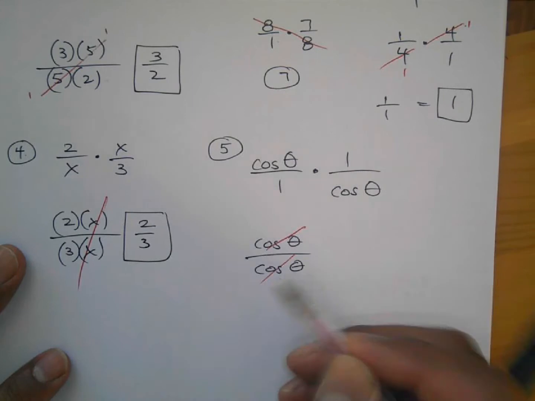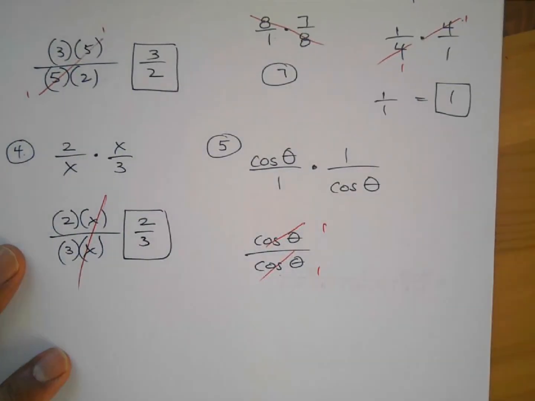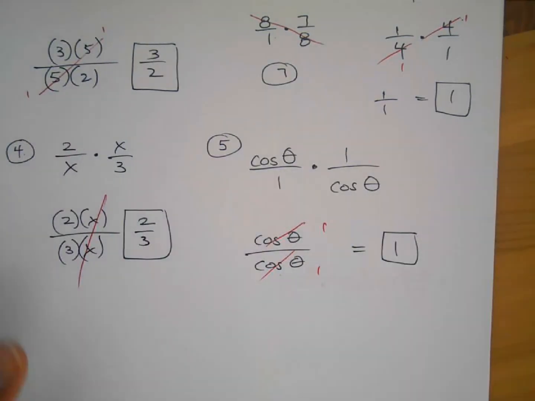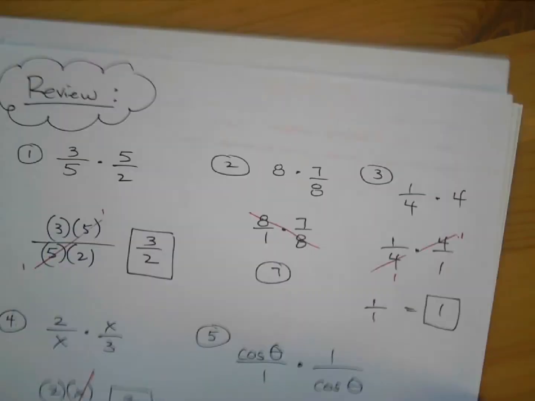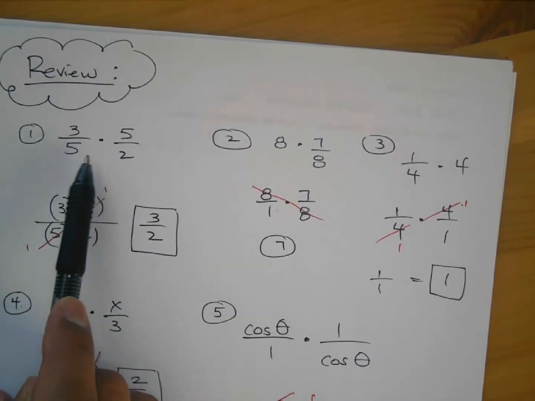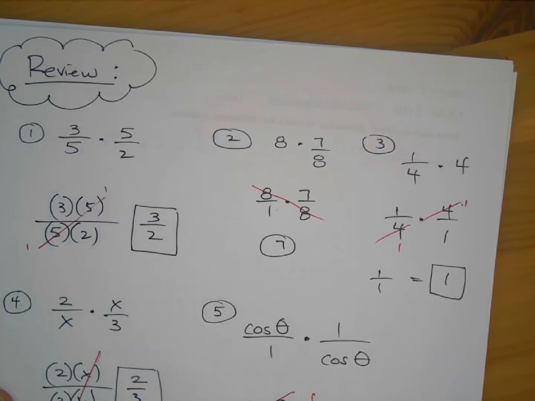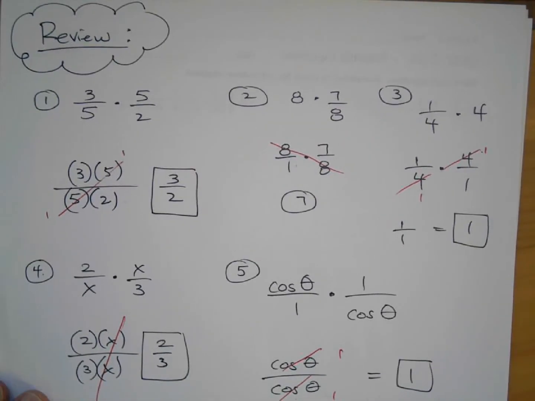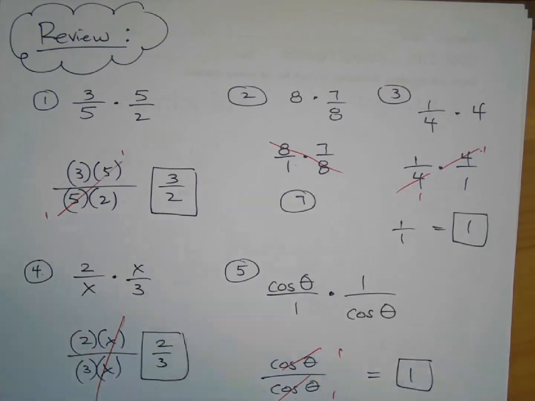They match, they cancel out. You get 1 over 1. The answer is 1. Okay, so the concept is the same. It's the same as these. Eventually you'll get your problem to multiplying fractions, and then things will match something from the top and the bottom, and then they'll simplify that way.